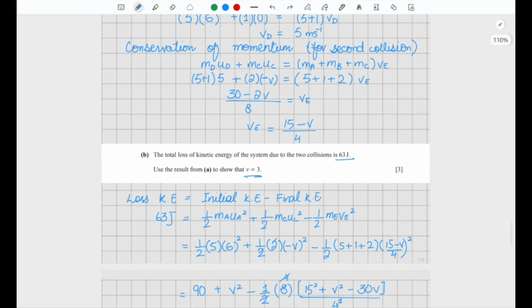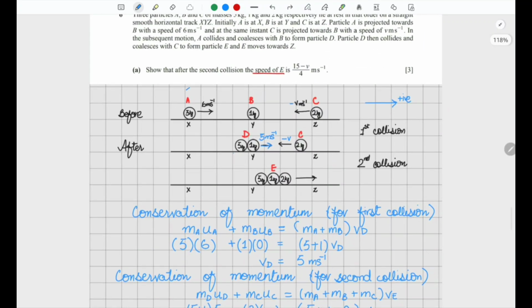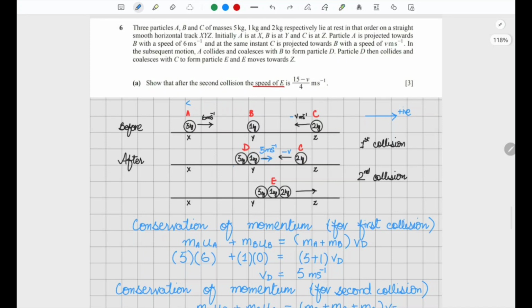Okay, xy is 36, x to y, and y to z is 98 meters.